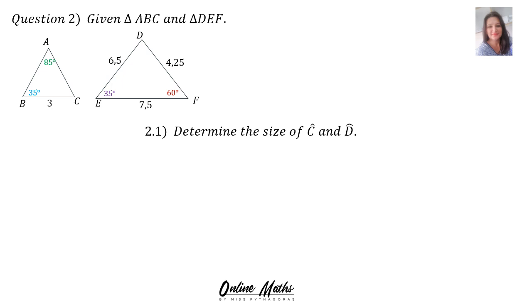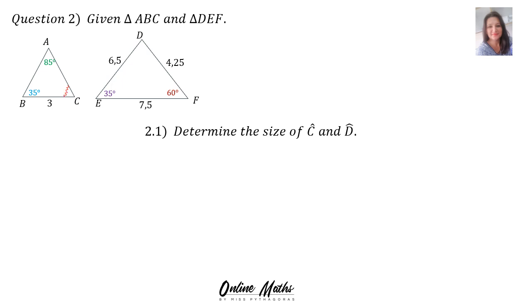Question 2. Given triangle ABC and triangle DEF. Number 2.1. Determine the size of angle C and angle D. Now, it's very clear that this angle there at C is the third angle of the triangle.